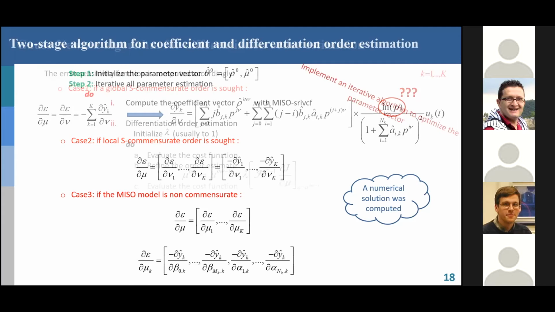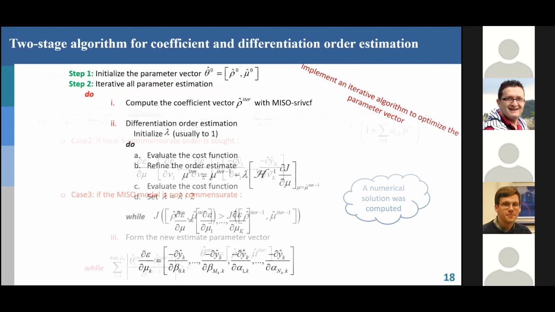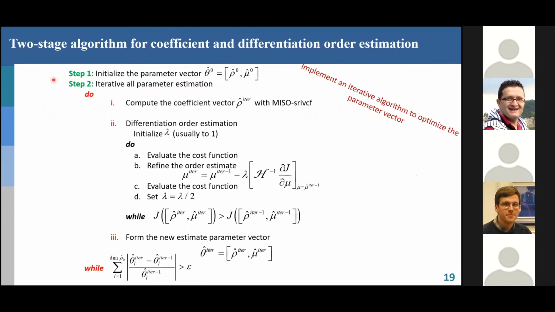Here I'm going to summarize the two-stage algorithm. We begin with the initialization of the parameter vector theta. Step 2 is to iterate over all parameter estimation. First, we compute the coefficient vector rho with the MISO SRIVCF that we talked about.